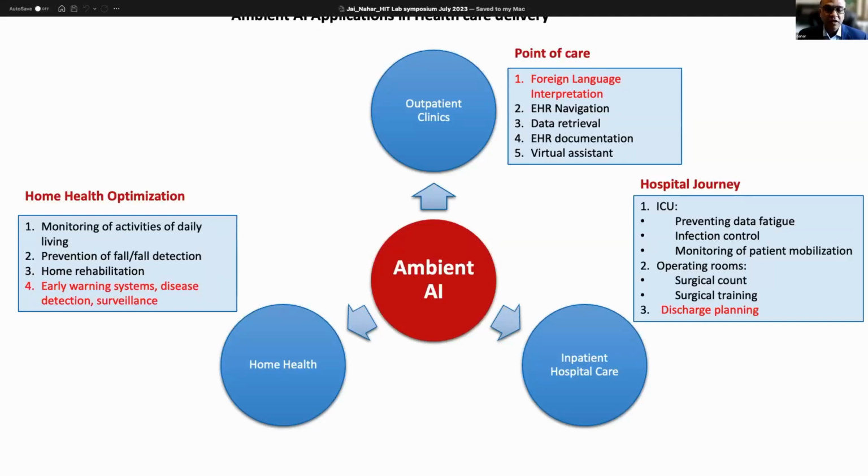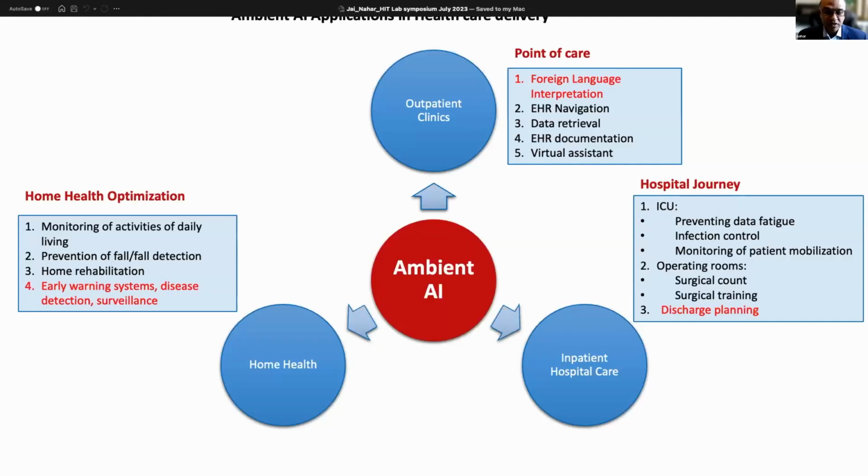At the point of care, for patients, especially those who have English as a foreign language, to communicate with the provider and get the best benefits of their visit, be it a clinic visit or a virtual visit, sometimes language is a barrier. What can we do to promote a smooth interaction with the patients and the families?